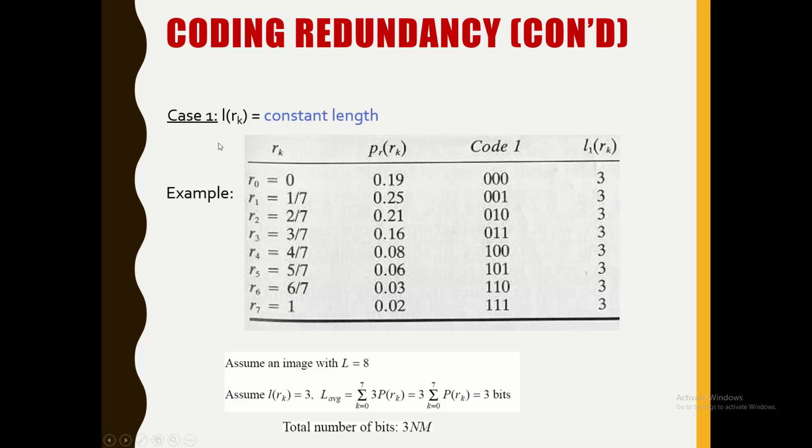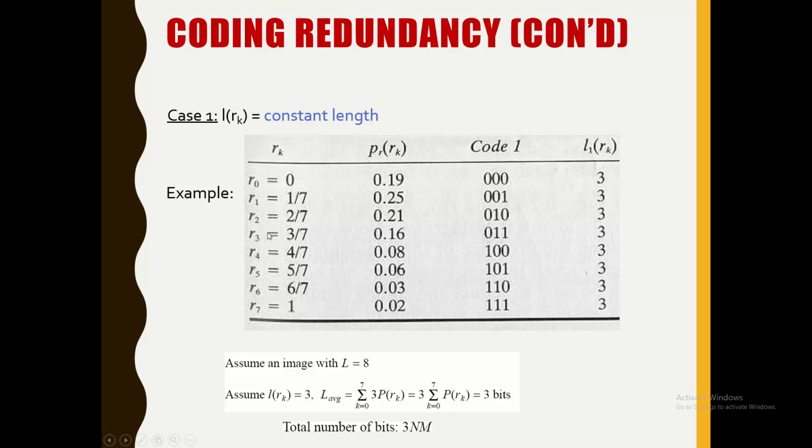For example, here we have taken 3 bits to represent an image. As we have already discussed, rk is in the range 0 to 1, which means it is a normalized value. So r0 is 0 divided by 7, r1 is 1 by 7, r2 is 2 by 7, r3 is 3 by 7, and so on.